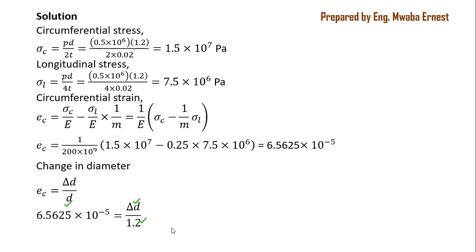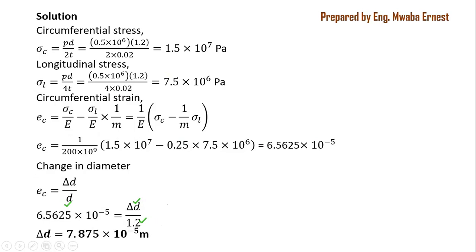Now, the task we have here now is simply to cross multiply. We're going to multiply the 1.2 by this strain that we have right here. So then our change in diameter therefore becomes 7.875 times 10 raised to power negative 5 in meters.